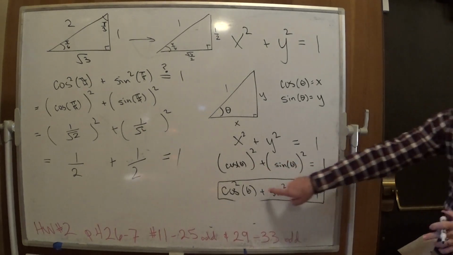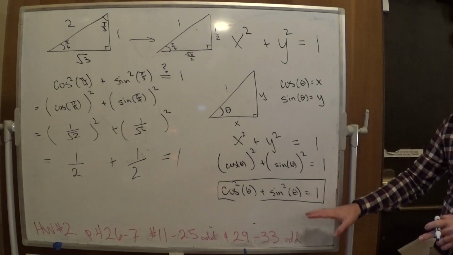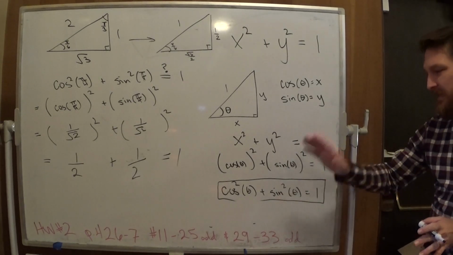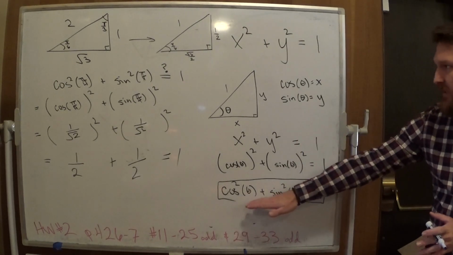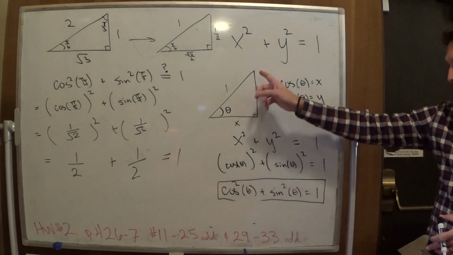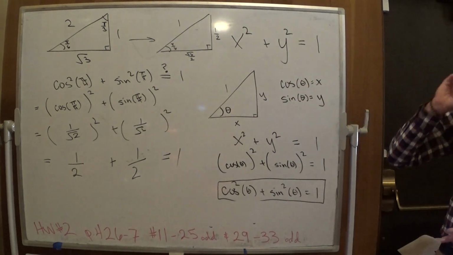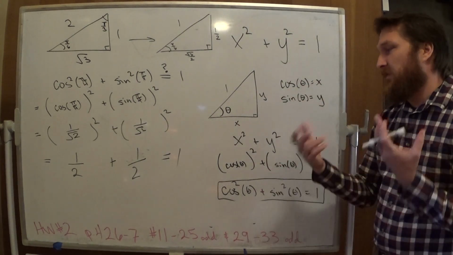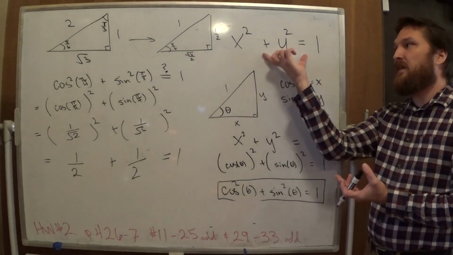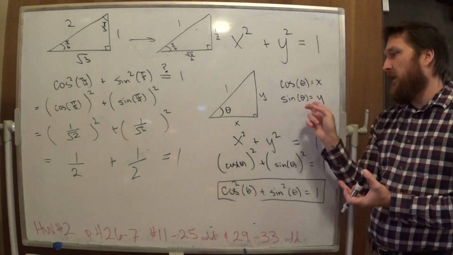This identity is a fundamental trig identity. It's arguably the most important one. It just comes from the fact that if you're on the unit circle, no matter where you are, you could think about this a couple of different ways. If you're on the unit circle, then it obeys this, and it happens to be the case that x is equal to cosine and y is equal to sine.